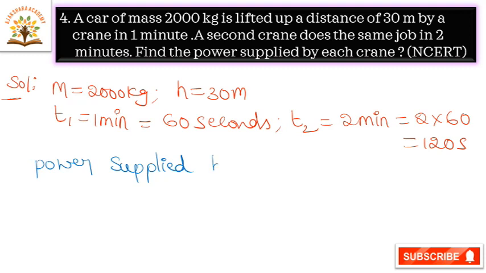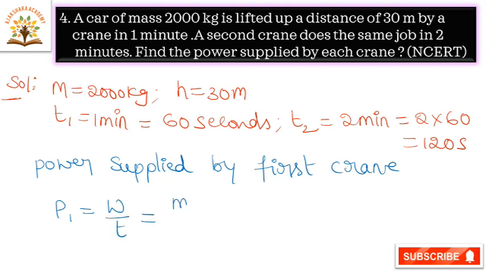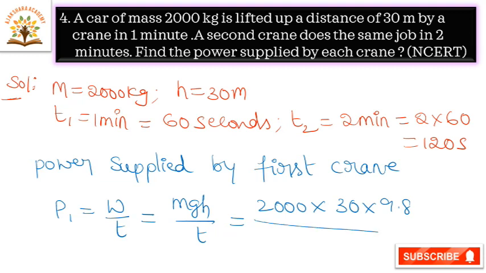Power supplied by the first crane P1 is equal to rate of doing work, known as power, W by T, that is equal to mgh by T. Now substituting values, 2000 into 30 into g, they given as 9.8, by 60 seconds.